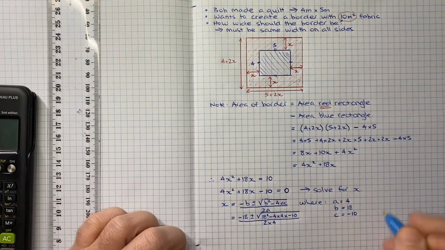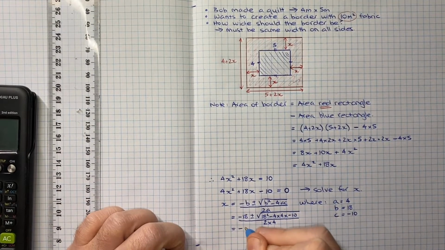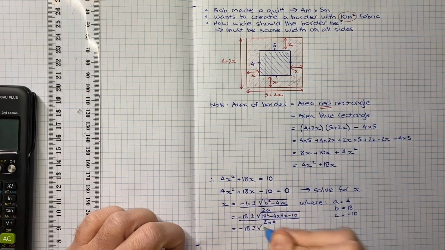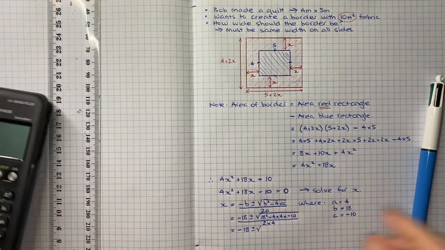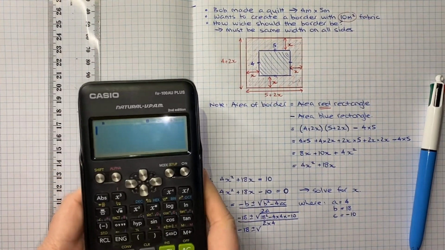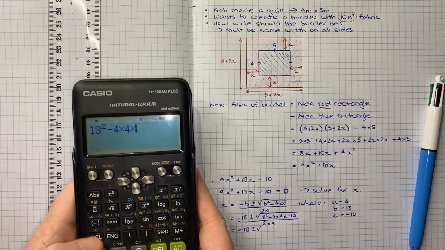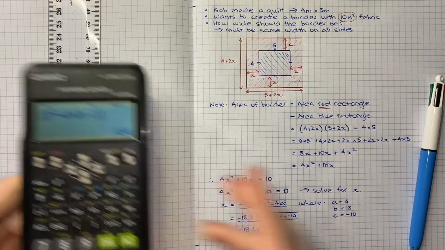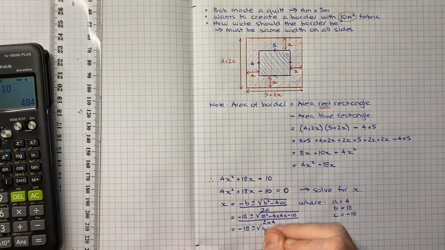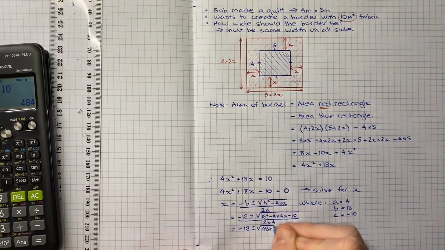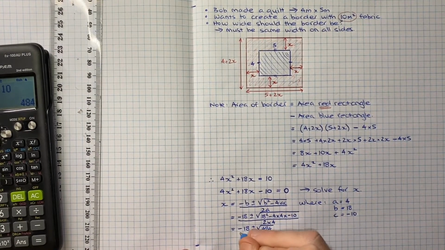Alright, and if we just evaluate what's under this square root sign, so I'll get out my calculator, and we'll go 18 squared minus 4 times 4 times -10, we get 484. So it's the square root of 484 over 2 times 4 is 8.